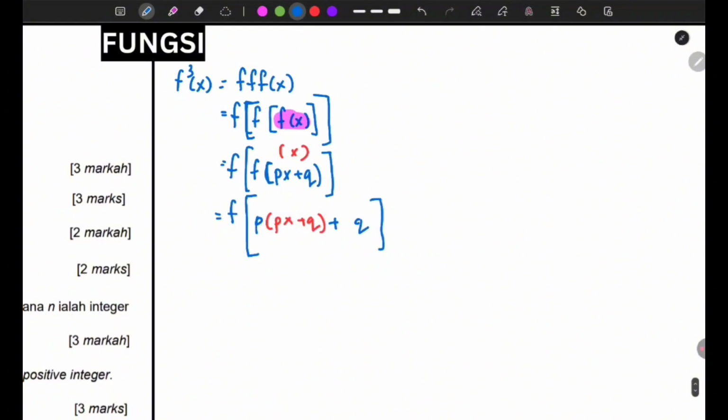So if you want to simplify this, also can. So p times p square x plus pq plus q, F, and substitute again because it's like another x. Remember I told you whatever is in the bracket, assume it's like an x.